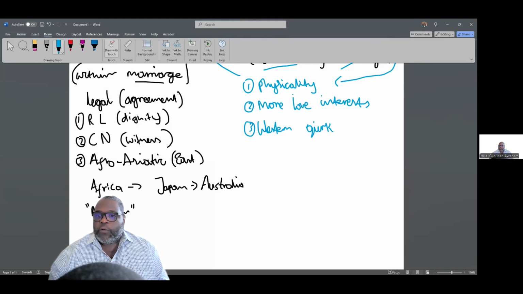So polyamory is physicality with many people, more love interests. It's a Western quirk, and it's based on Western norms, for example, orgies.